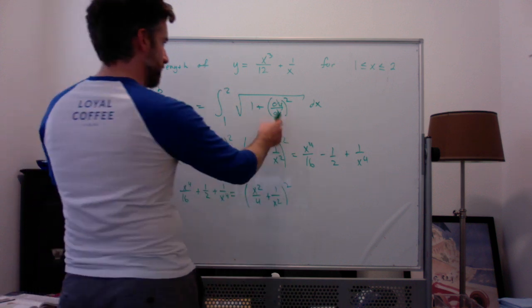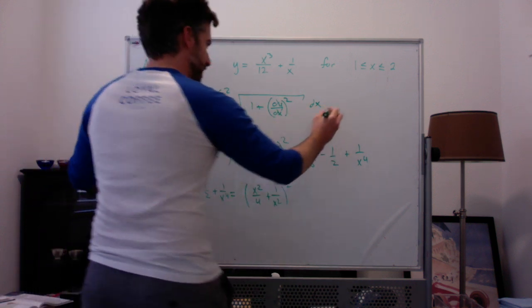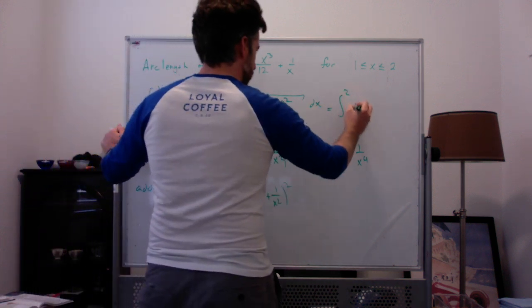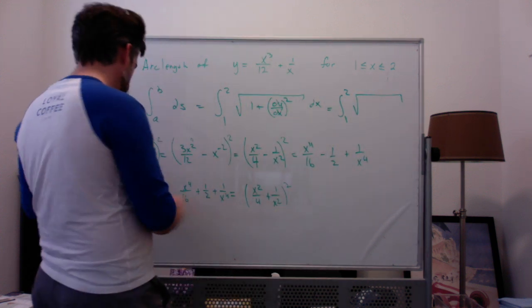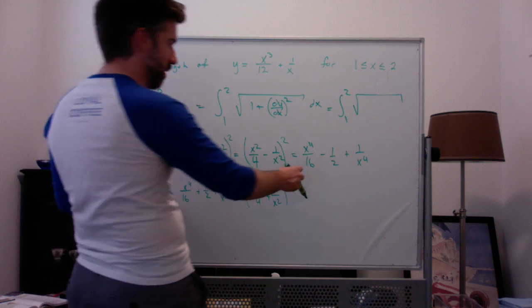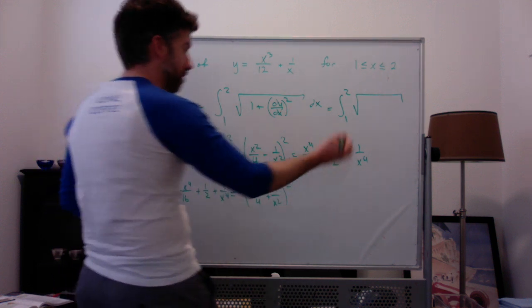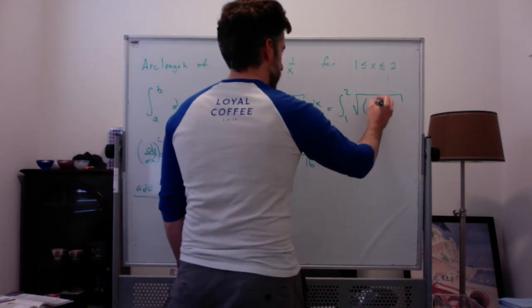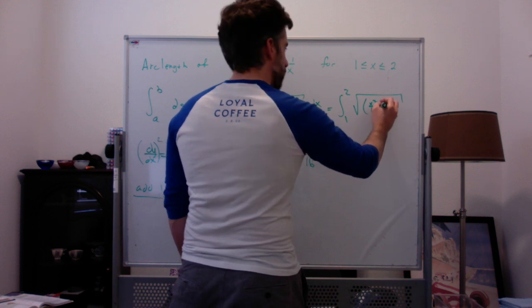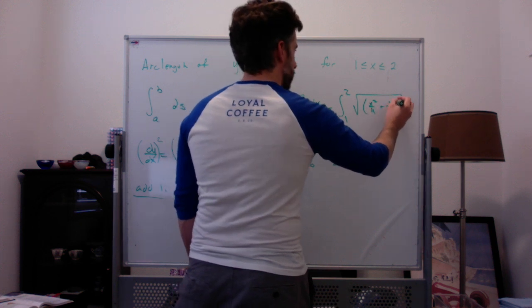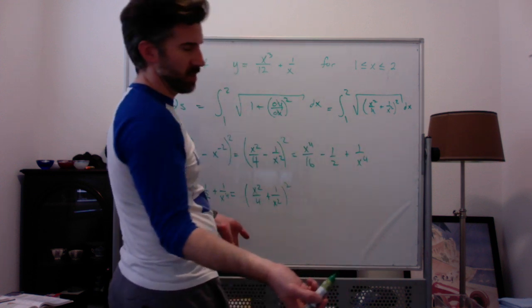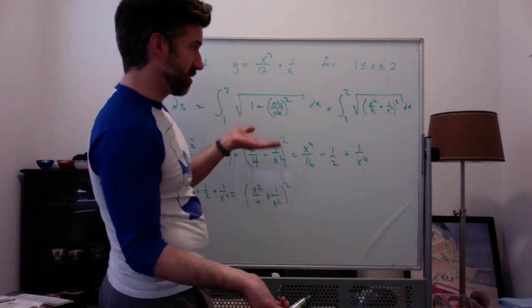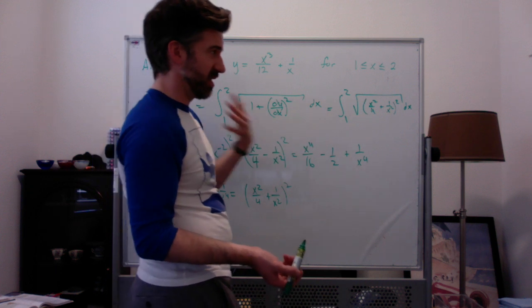So what ends up happening is this integral ends up looking like the integral from 1 to 2 of the square root of this, because that's 1 plus the derivative squared. The square root of something squared is just the inside something, really an absolute value, but we're going to disregard that because everything is already positive.